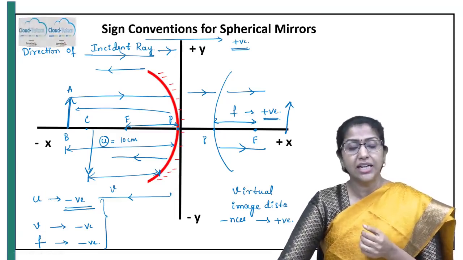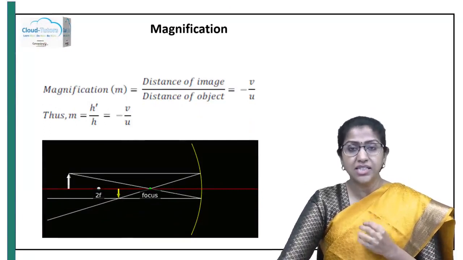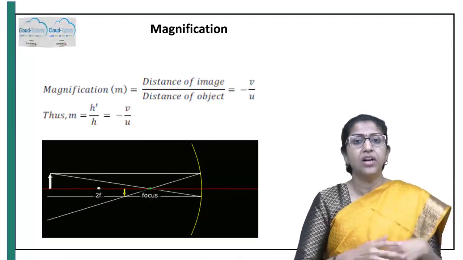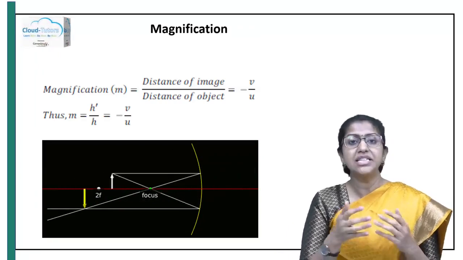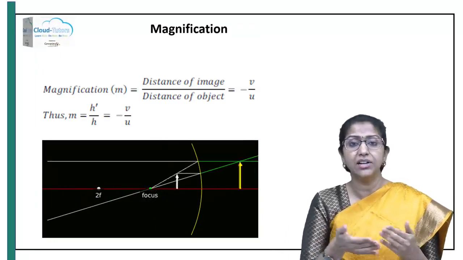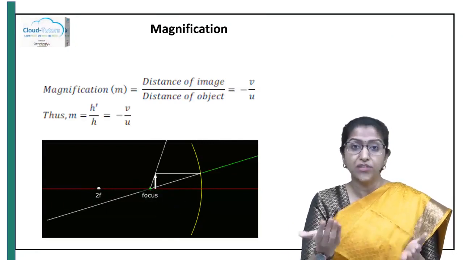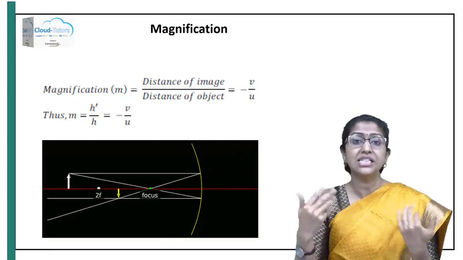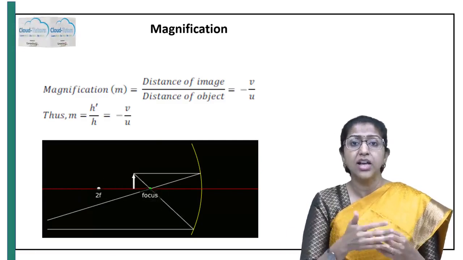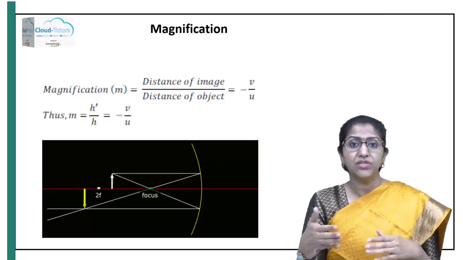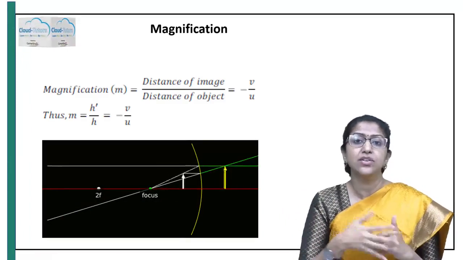With this understanding, let's move on to the last bit of this topic, the magnification of a given mirror. What is magnification? When we kept the object in different positions in front of these mirrors, it formed different sized images. So magnification is the size of the image compared to the size of the object.